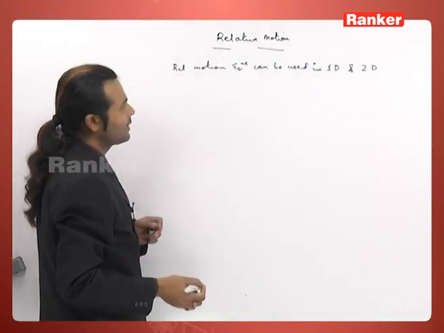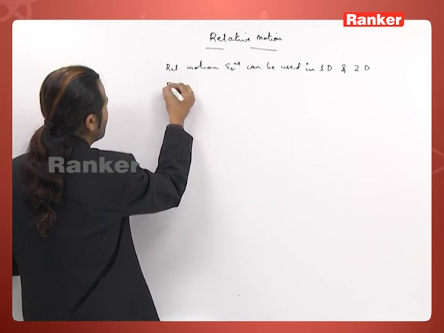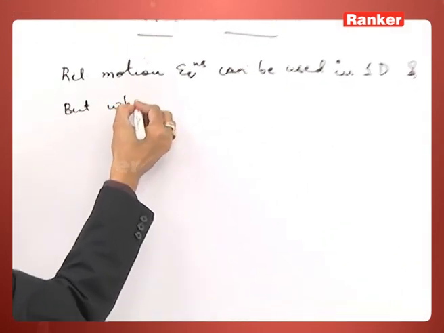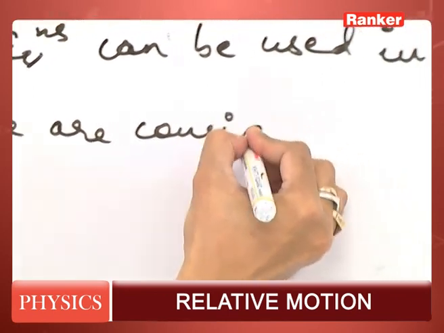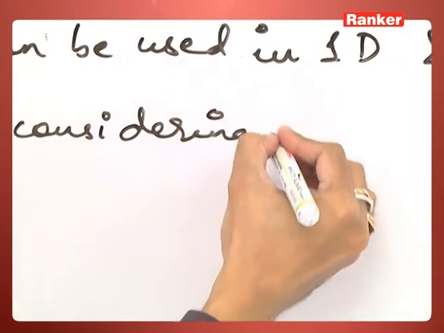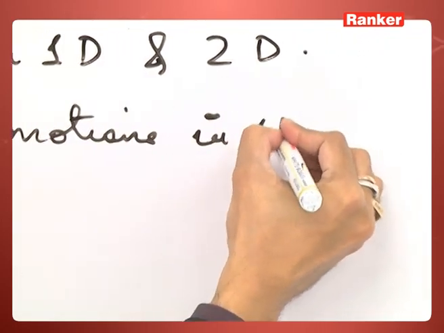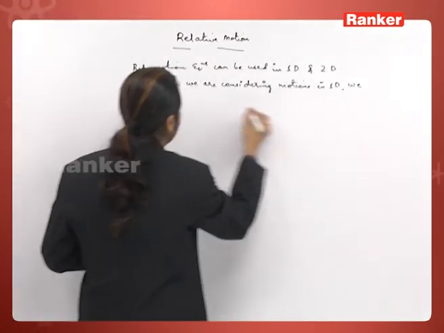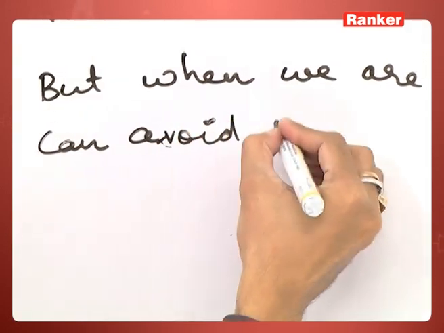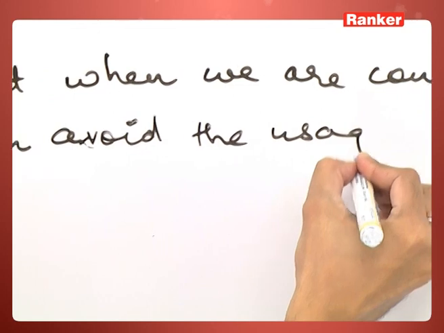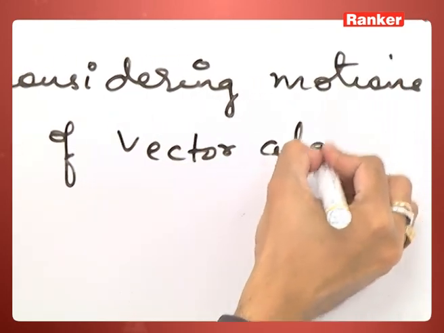Relative motion equations can be used in one dimension and two dimensions, but when we are considering motion in 1D, we can avoid the usage of vector algebra.